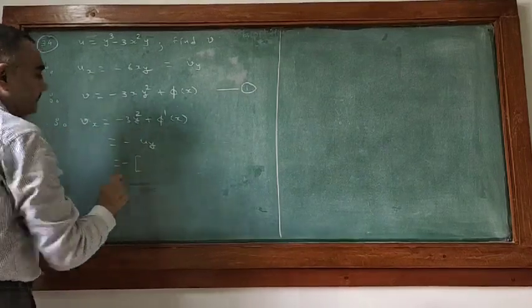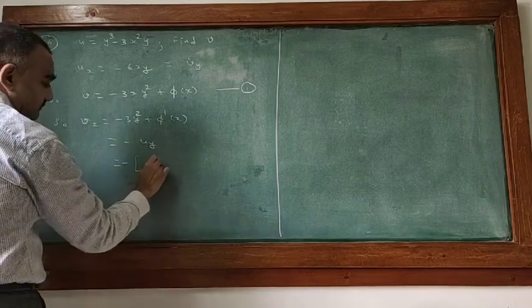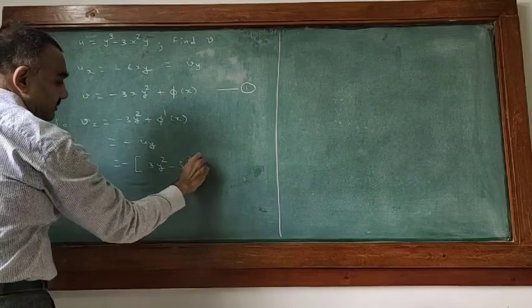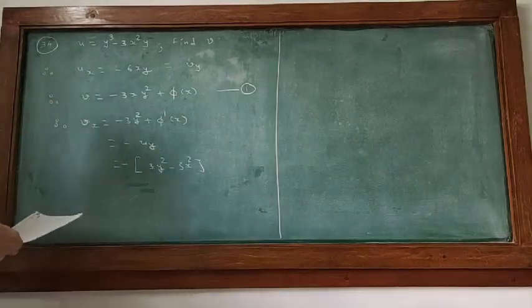So what is it? 3y square minus 3x square.